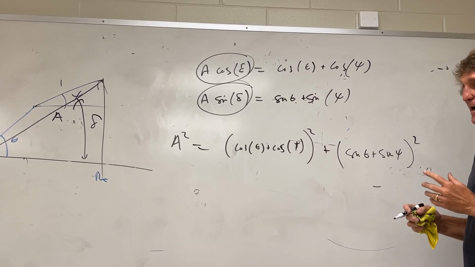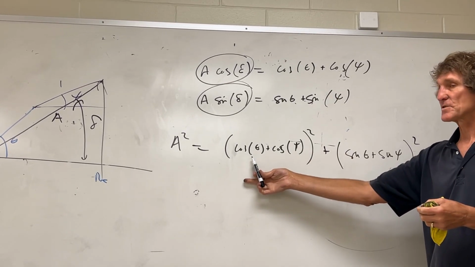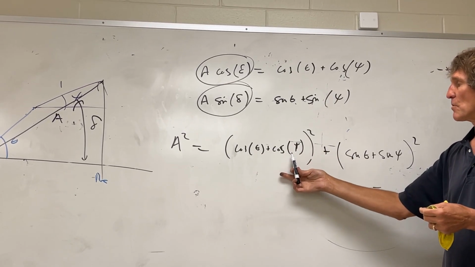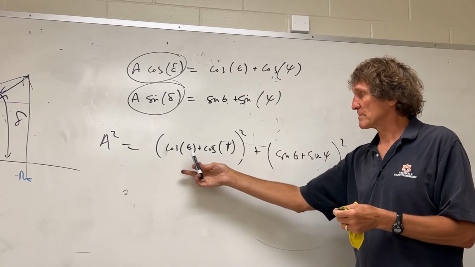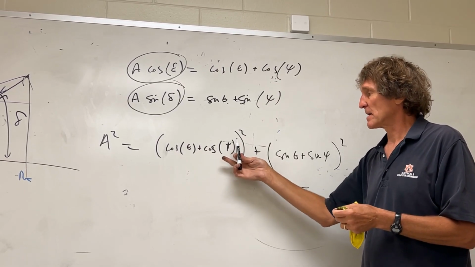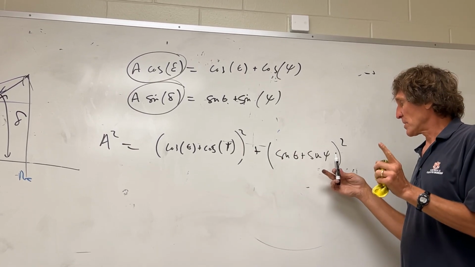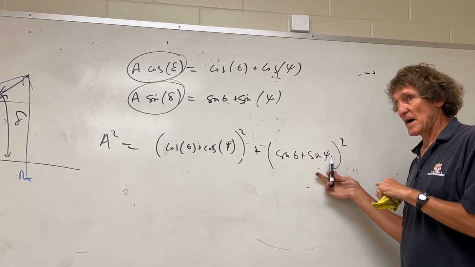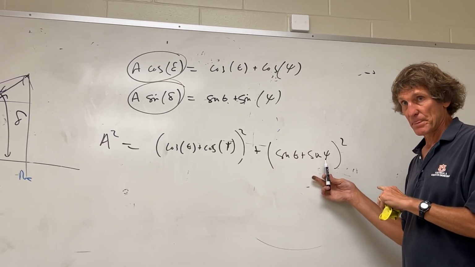Now, take a careful look at this. You all see how I'm going to have a cosine squared of theta, and I'm going to have a cosine squared of psi. Do you all see that? And then I'll have 2 times cosine of psi, cosine of theta times cosine of psi. Here I'm going to have sine squared of theta plus sine squared of psi plus 2 times sine theta sine phi, right?